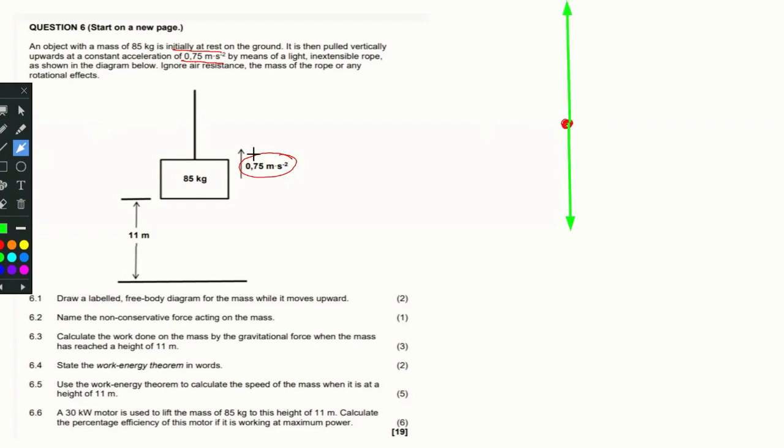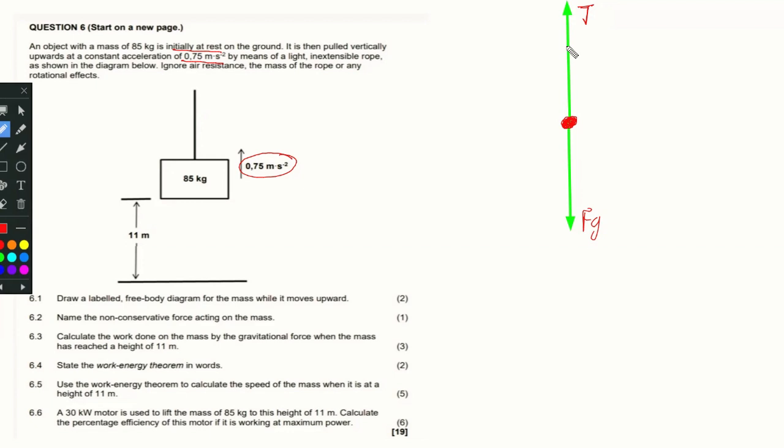Because this is going upward, we assume the tension is a bit longer than the gravitational force. So in your free body diagram, it would be crucial to differentiate the lengths of these two. Make your tension force a little larger than the gravitational force to indicate that your pulling force upward is much greater than the force of gravity downward.